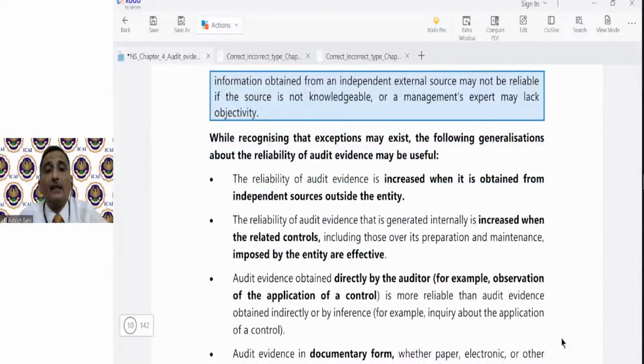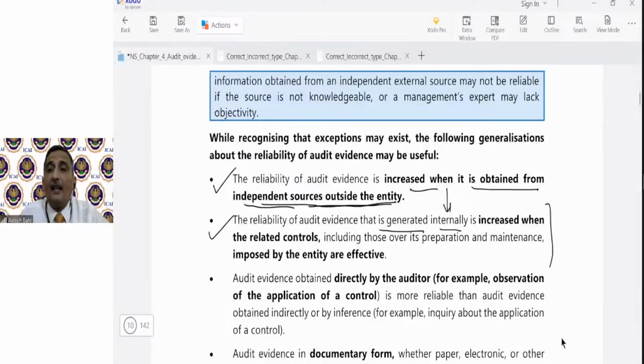So these are some of the factors regarding reliability of audit evidence. The reliability of audit evidence is increased when it is obtained from independent sources outside the entity. The reliability of audit evidence which is generated internally is increased when controls function satisfactorily.